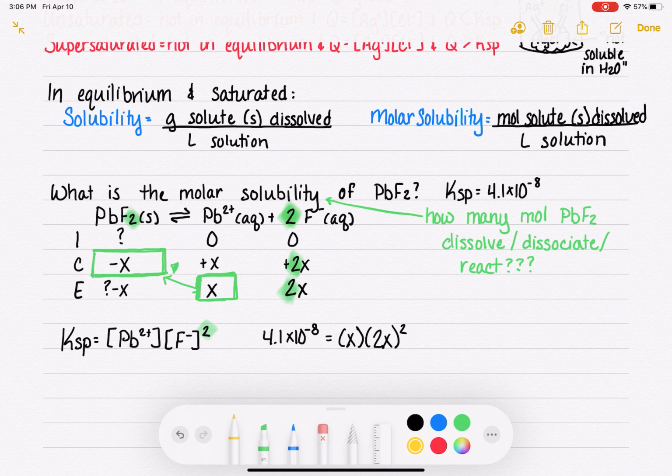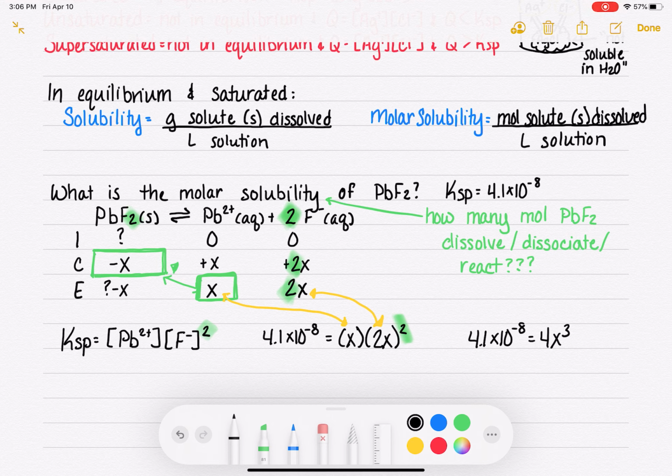So the X represents the lead ion, and the 2X represents the fluoride ion, and don't forget to square it because of the stoichiometry. So let's work the math out on this. 4.1 times 10 to the minus 8 is going to be 4X cubed, just doing the right side of the equation all together.